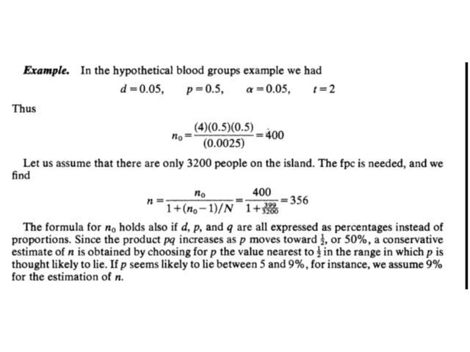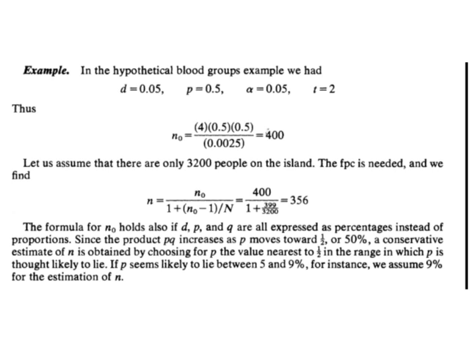Let's assume that there are only 3,200 people on the island. The FPC is needed, and we find that n = 400/(1 + 399/3,200), which is equal to 356.